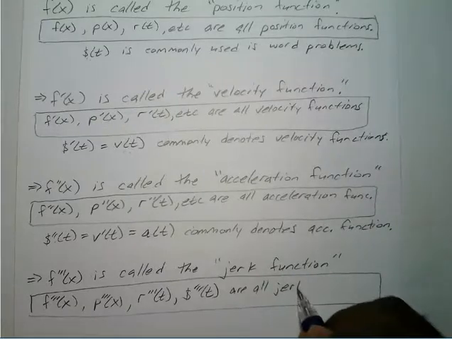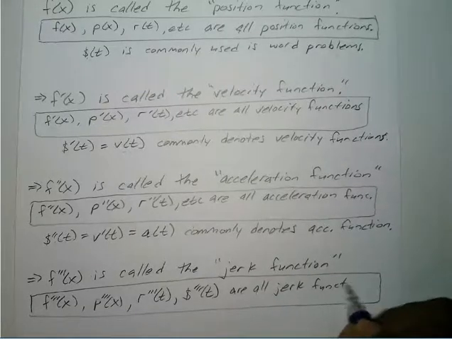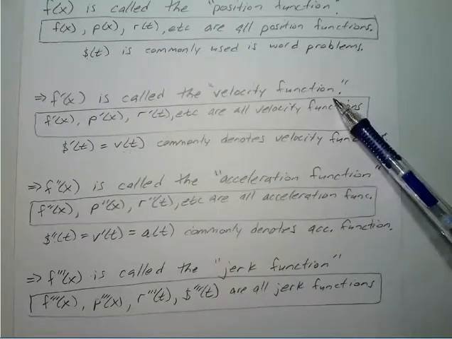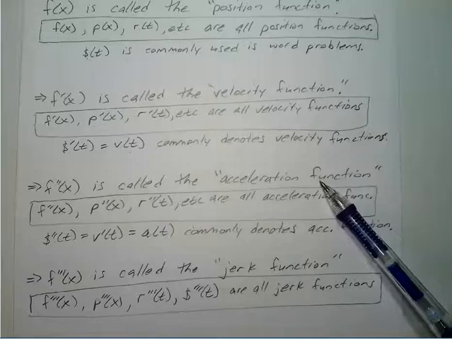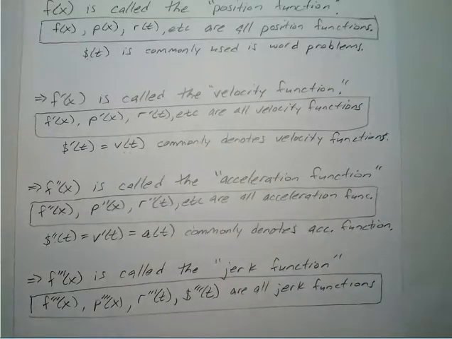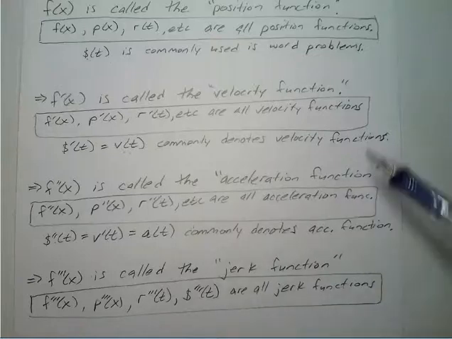All jerk functions. All right, so we have our position function, velocity function, which is our first derivative, our acceleration function, which is the second derivative, and the jerk function, which is the third derivative. Now if you are still writing, feel free to press pause, but I'm going to give you a little more of an explanation as to why each of those are what they are.